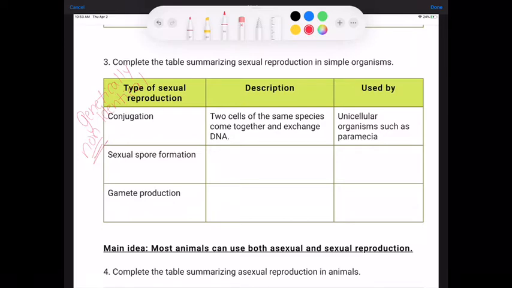Unicellular organisms do this, like the paramecium. Sexual spore formation. Tips of different types of hyphae fuse into spores that divide using meiosis. So you can just know here that spores divide using meiosis. And this is multicellular fungi. So this would be like mushrooms can do this also.